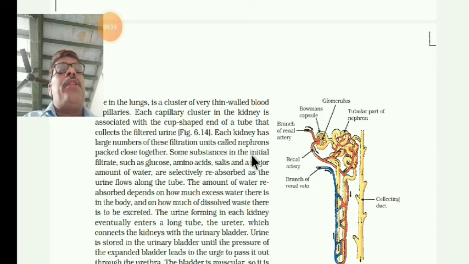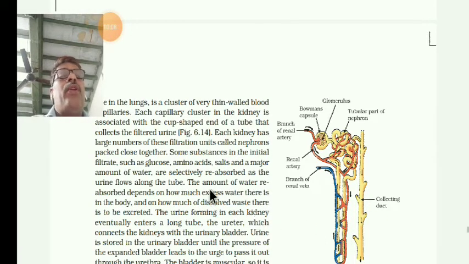Some substances in the initial filtrate, such as glucose, amino acids, salts, and major amounts of water, are selectively reabsorbed as the urine flows along the tube. See, these are the substances. Glucose, amino acids, salt, and other useful substances are reabsorbed here, then the rest mixes with the urine.